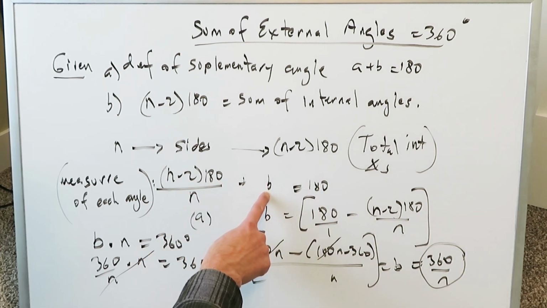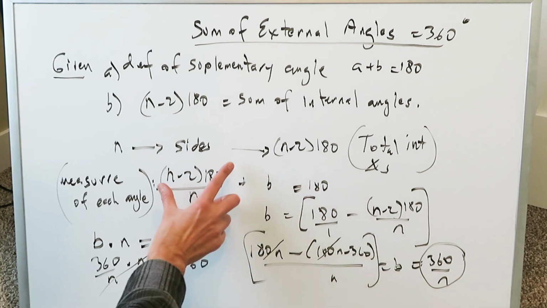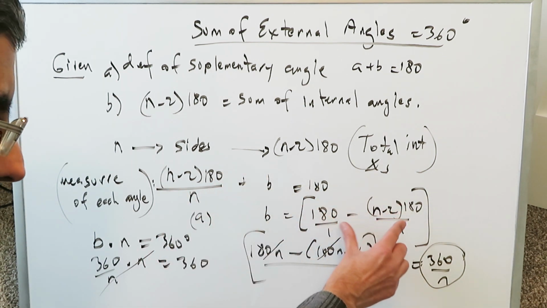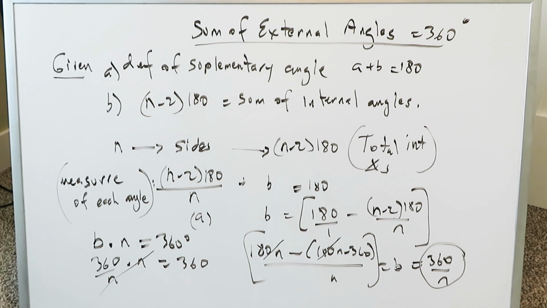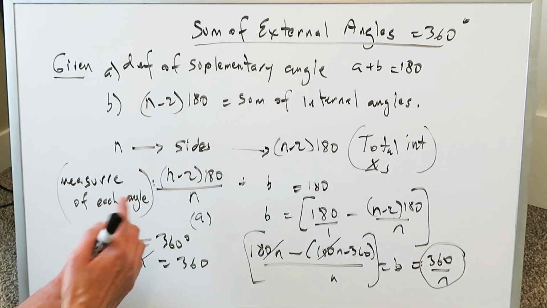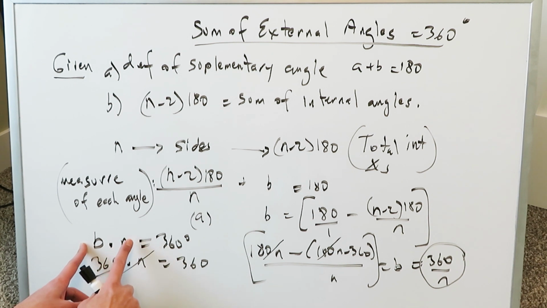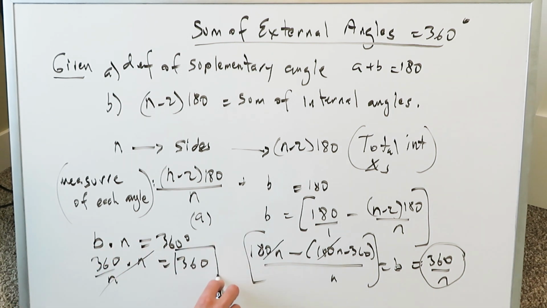You can easily determine that external angle by 180 minus that. That's why you have that. You simplify this and you're still getting 360 over n, which is the measure of each external angle. Multiply the measure of each external angle by the total number of sides, and that'll give you the total of all the external angles for any polygon, 360 degrees.